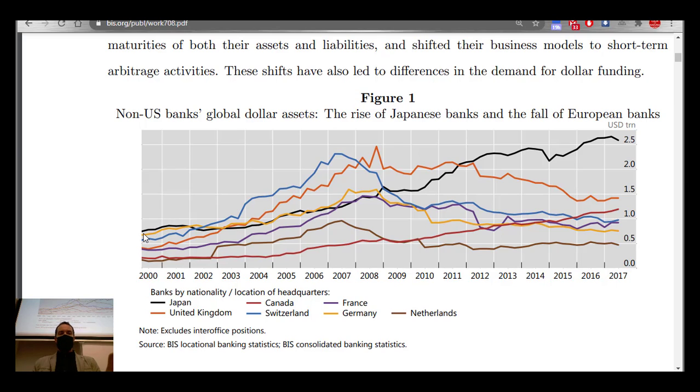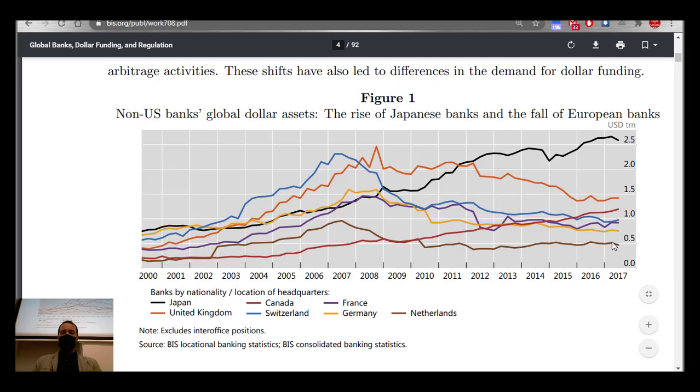This is how money market funds are distributing their US dollar collection to foreign banks, like banks in Japan, this black line, or banks in Canada, this is red, and all the others are European banks. So we can see that it's a huge amount of money. It's 2.5 trillion US dollars.